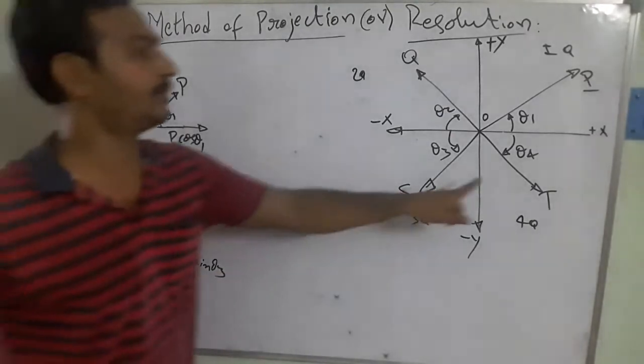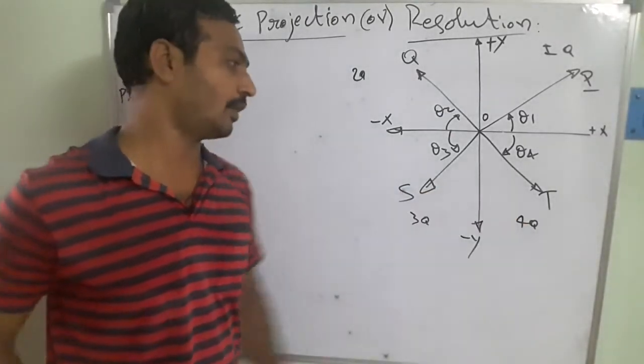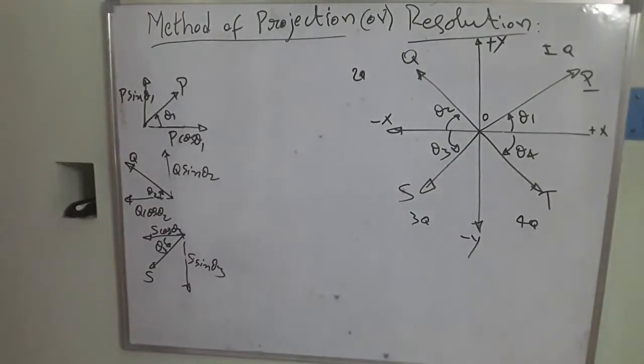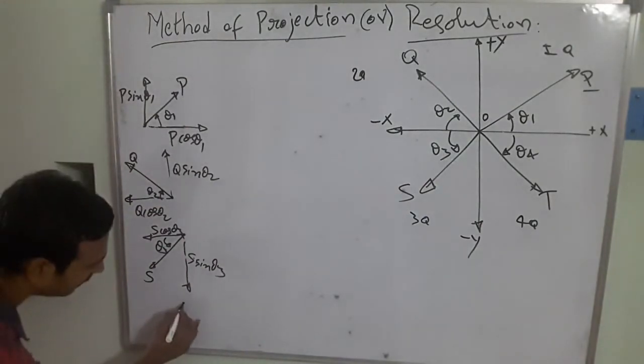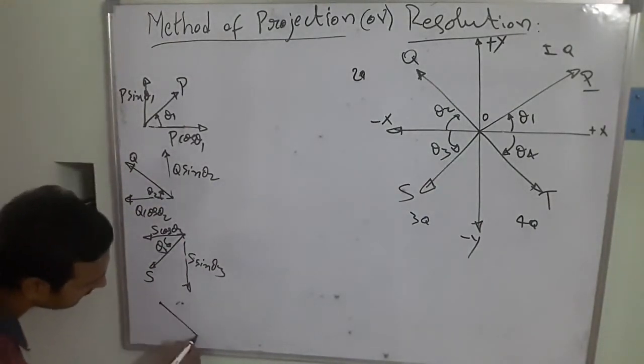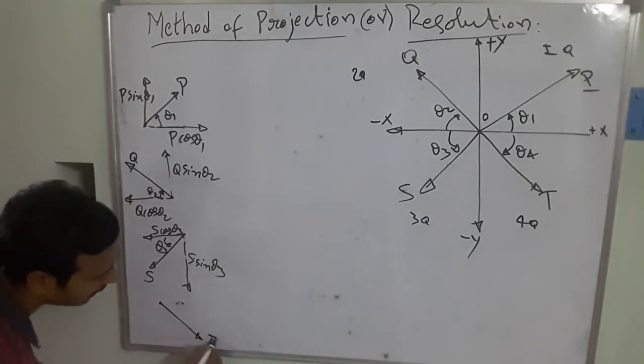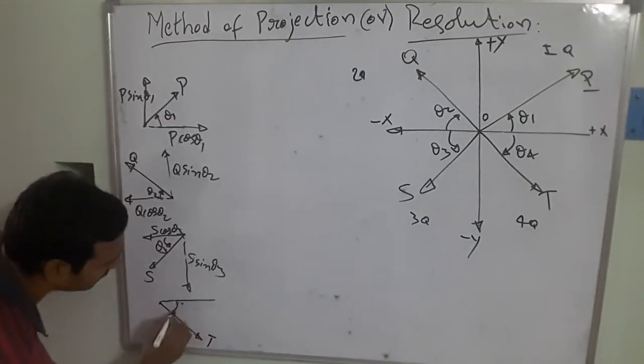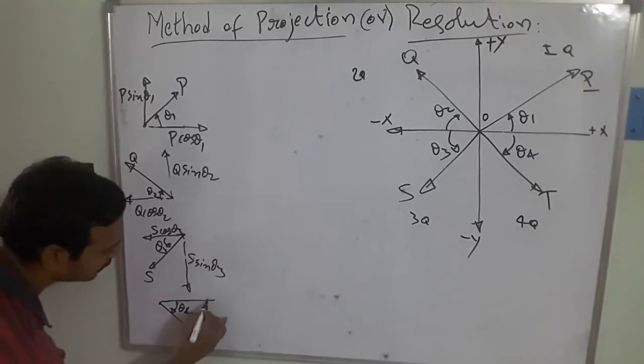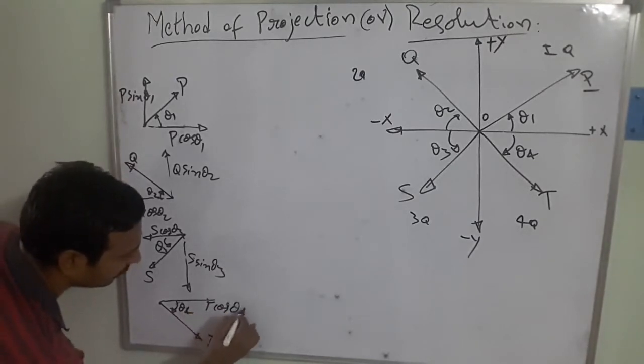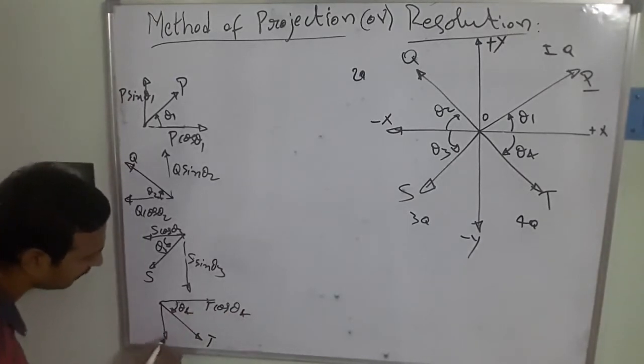Similarly, the fourth quadrant is also subjected to one force, the T force. This direction is your T. It makes an angle theta 4 with the horizontal component, so this is T cos theta 4, and this is T sin theta 4.